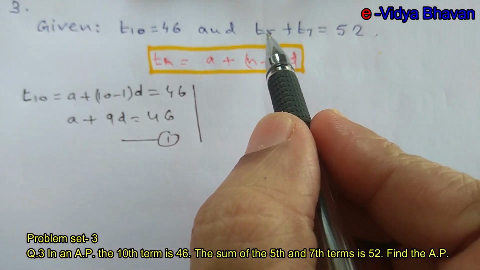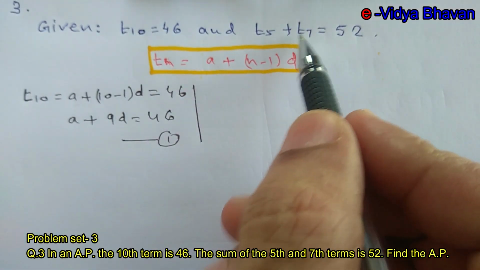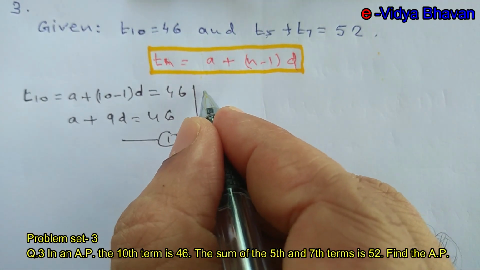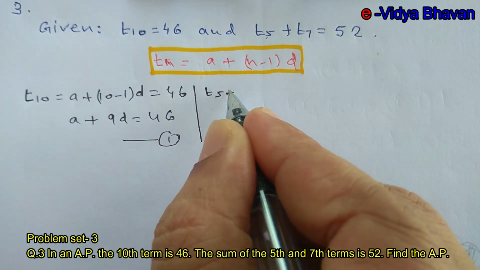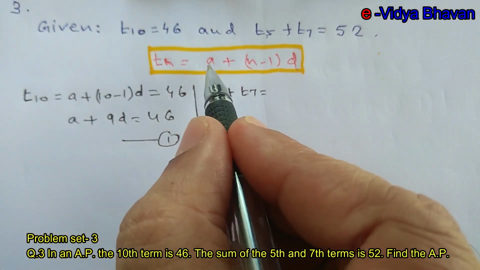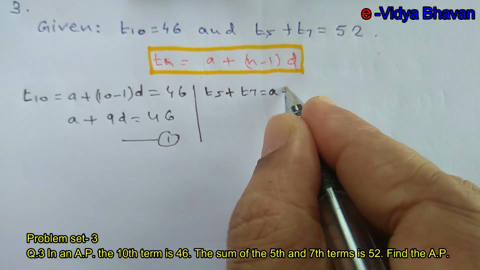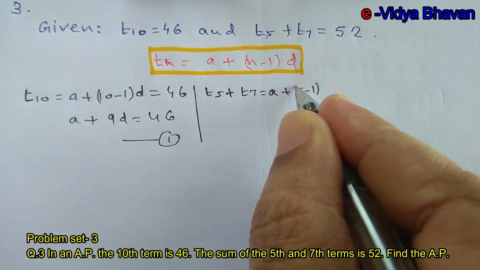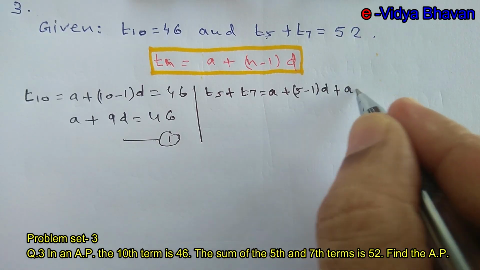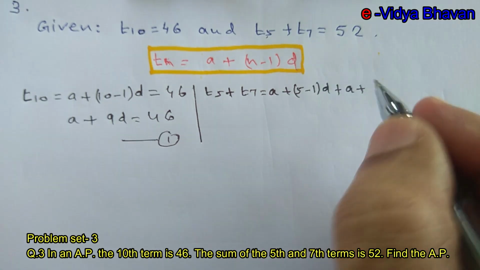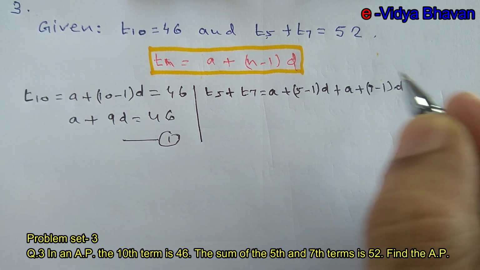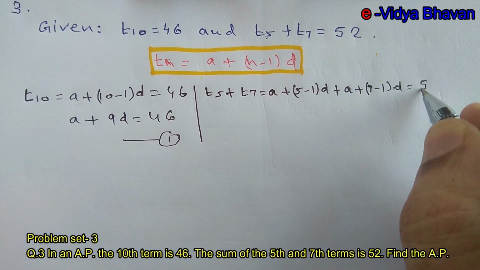Now, we substitute the formula for T5 and T7. So first T5 and then T7. So T5 plus T7 equal to a plus 5 minus 1 d plus a plus, n is 7 here, 7 minus 1 d equal to 52.